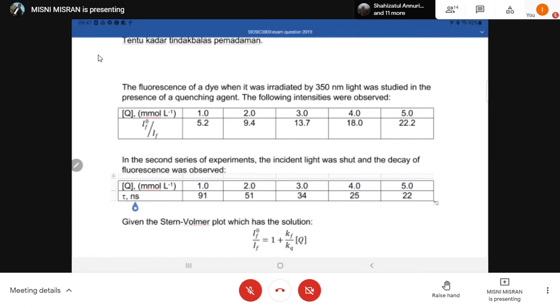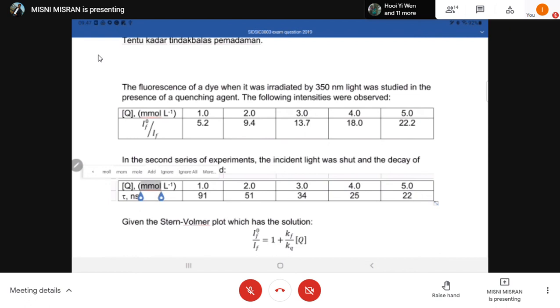Nanosecond: nano is 10 to the power of minus 9. Don't forget, 10 to the power of minus 9. If you don't write millimolar and nanosecond properly, you don't get the answer, because this is 10 to the minus 9 and this is 10 to the minus 3.